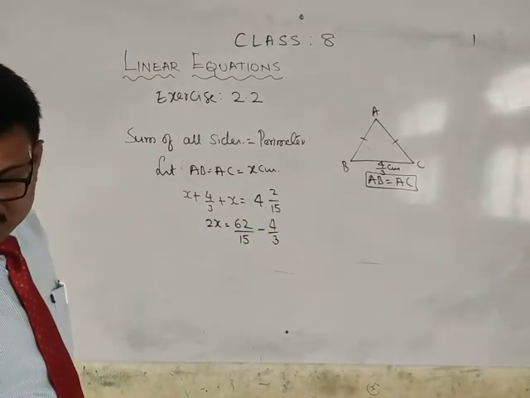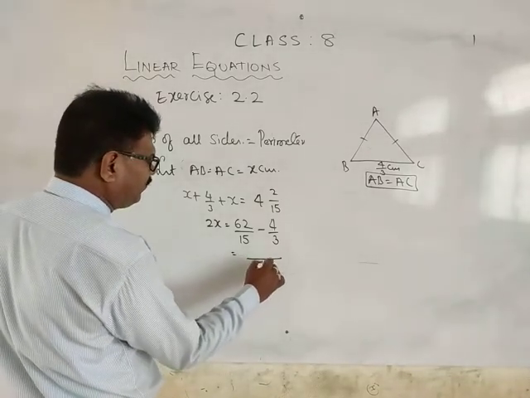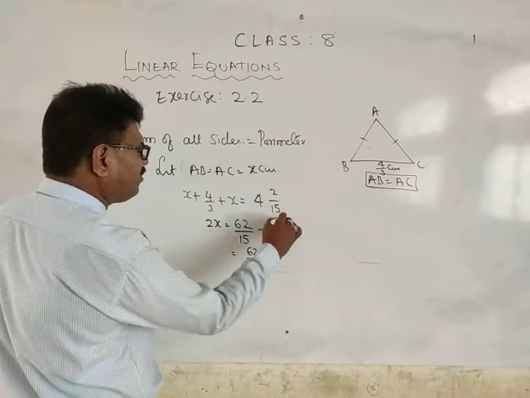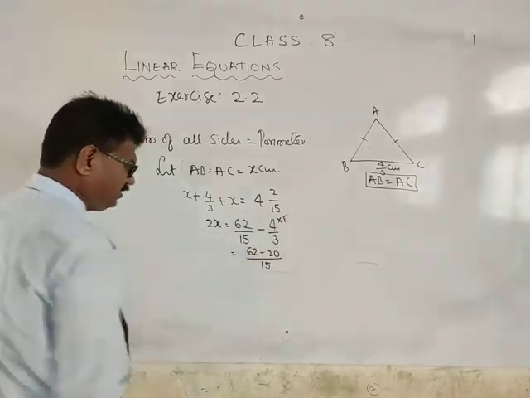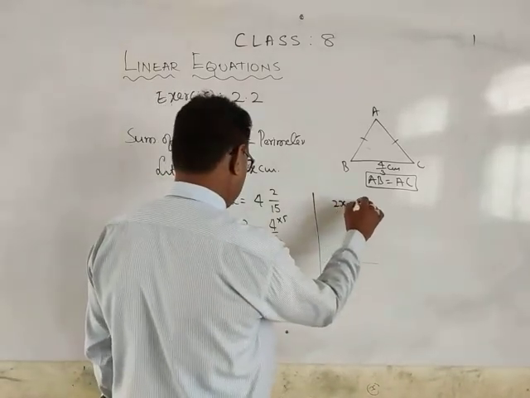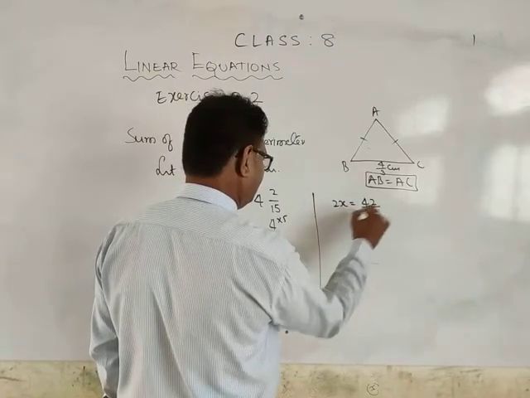Any doubt? Now again, what is the LCM? 15. So 62 minus 20. Therefore 2x is equal to 42 divided by 15.